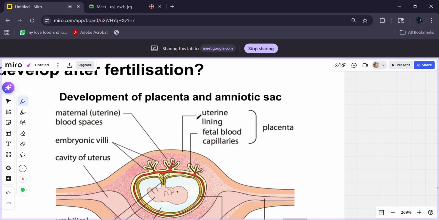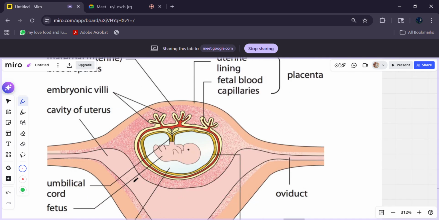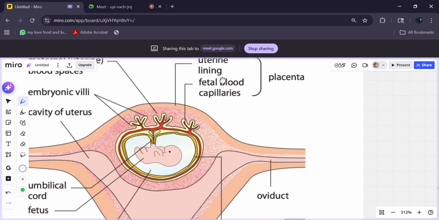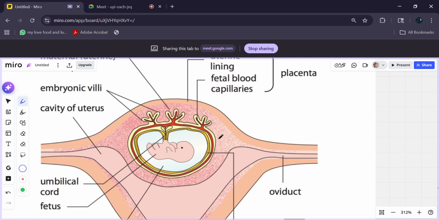The villi and the uterine lining in which the villi are embedded make up the placenta. Thus, the placenta is formed partly by embryonic tissue and partly by the uterine lining.